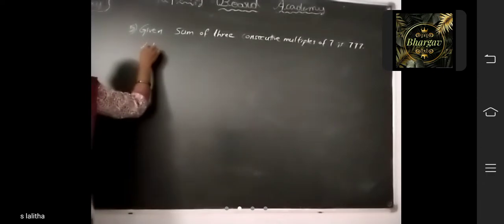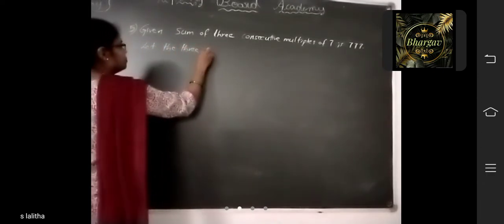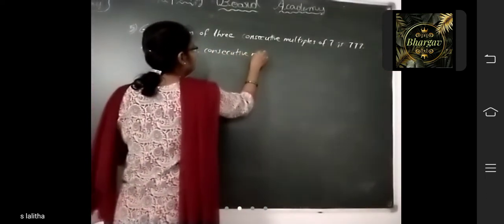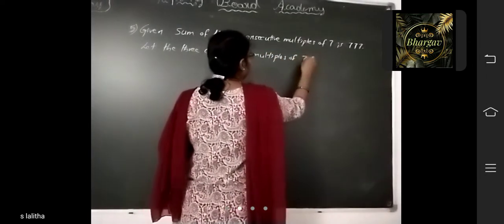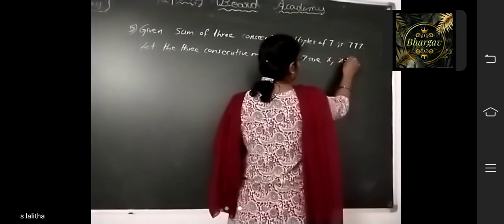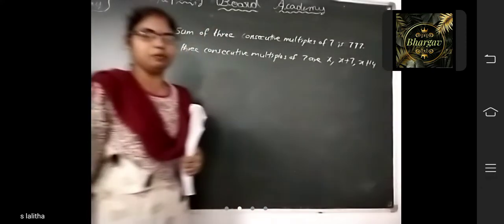Let the 3 consecutive multiples of 7 be, what are those? x, x plus 7, x plus 14. These are all multiples of 7.